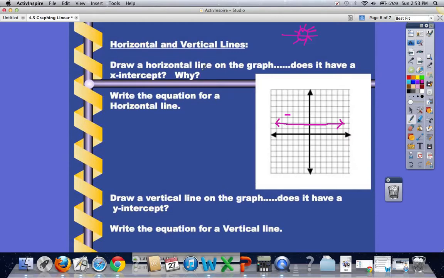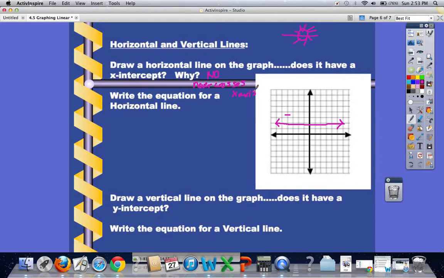Now it says, does it have an x-intercept? Does it cross the x-axis? Well, my x-axis is right here. Does it ever cross? No, it does not, because it never crosses the x-axis.